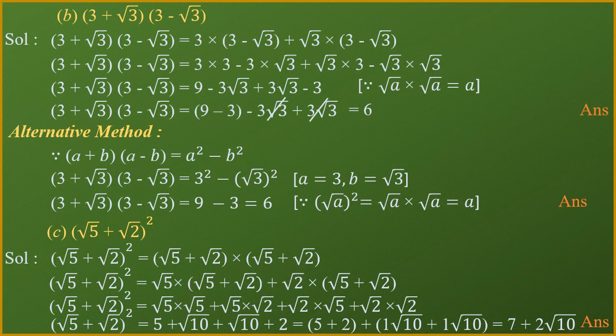Now here is one important thing we are going to learn. See, 5 and 2 you can add, there is no problem, that will become 7. But how will you add the terms with roots? First of all, check the term inside the root, are they the same? Yes. In the first term it is 10 and in the second term also it is 10.